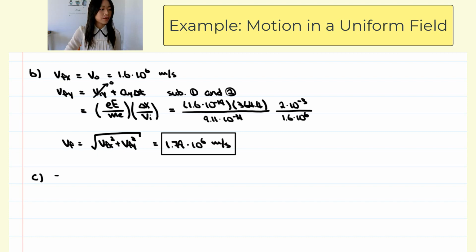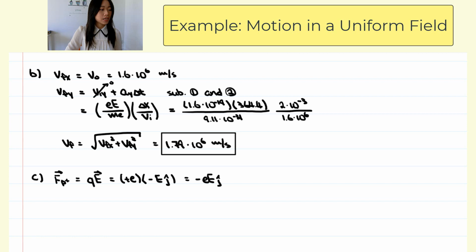Let's also start from the force acting on the proton. It equals the charge of the proton times the electric field. The charge of the proton is positive e, and the electric field is uniform, pointing downward, so negative the magnitude of the field, j hat, which equals negative e times the electric field times j hat.